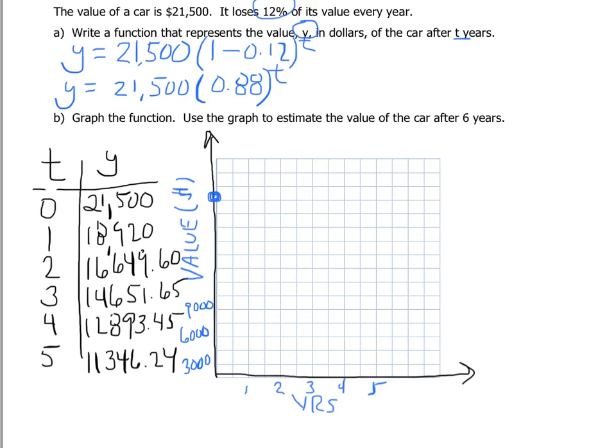And then I'm just going to get as close as I can. So if this is 21,000, the 18,900 something at 1 year is about there. The 2-year one is going to be approximately in there someplace, 16,600. The 3-year is 14,600, so that one's going to be pretty close to being on the line.